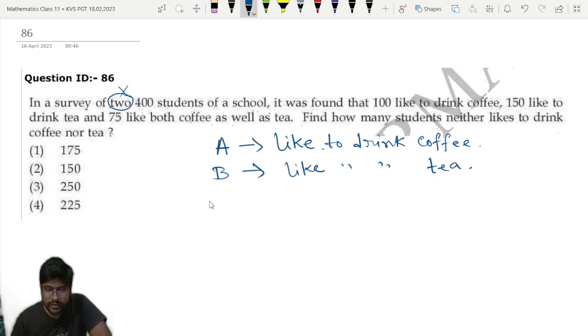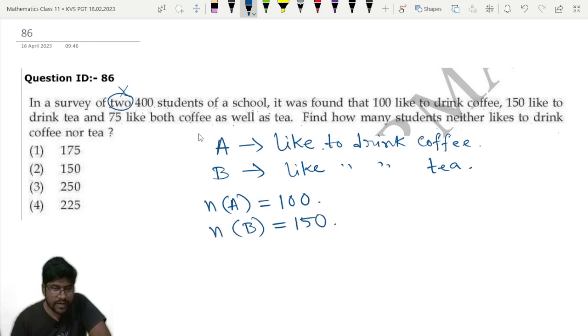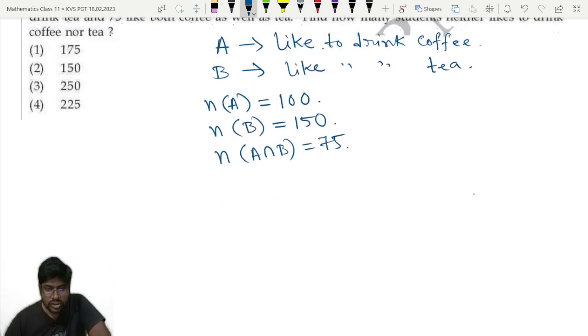That 100 like to drink coffee, that means n of A is equal to 100, and 150 like to drink tea, so n of B is equal to 150, and 75 like both coffee as well as tea. So n of A intersection B is equal to 75. So what is the number of students who like either coffee or tea or both?